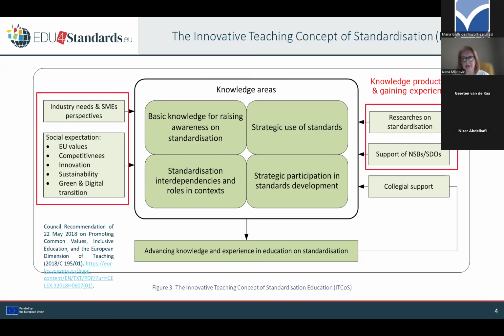So the main idea is using this concept, and of course sharpening and analyzing different experience, to advance knowledge and experience in education on standardization.